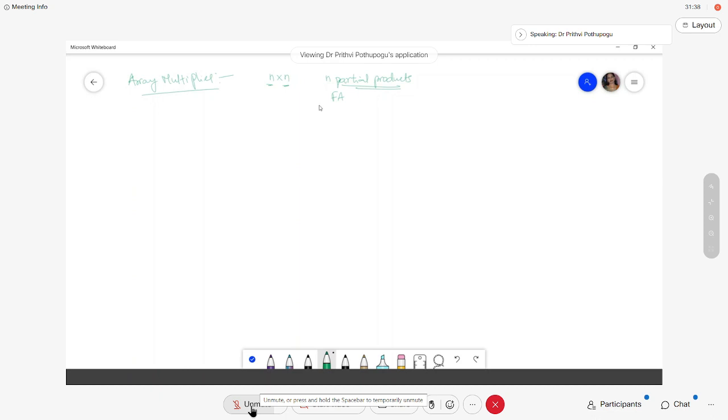If you check, say a 4-bit into 4-bit multiplication, P1, P2, P3, P4 into M1, M2, M3 and M4, 4 partial products will be coming, each of 4-bit size.